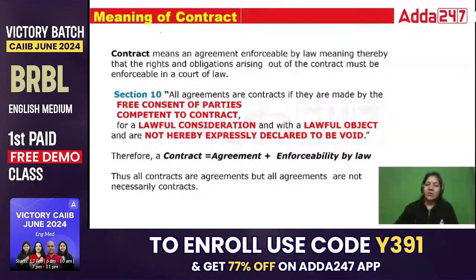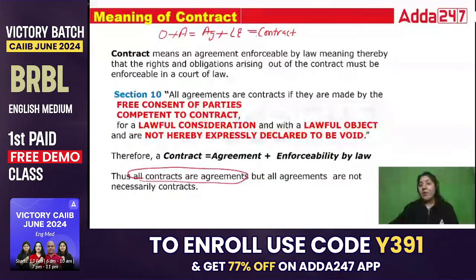Now see, class. That is one of the easiest sentence. See, what is the formula? Offer plus acceptance is equal to agreement plus law enforceability is equal to contract. That is the formula of contract we know. Now, all contracts are agreement. So class, if I'm saying contract, it means that comes from the agreement, and that is a legal agreement. That is absolutely 100% right. But all agreement are not contract.